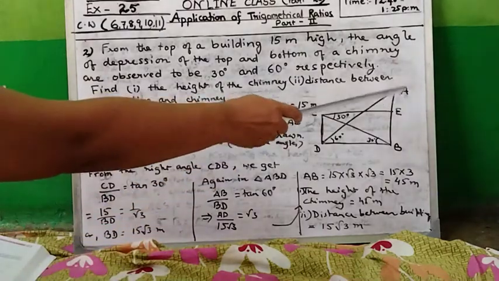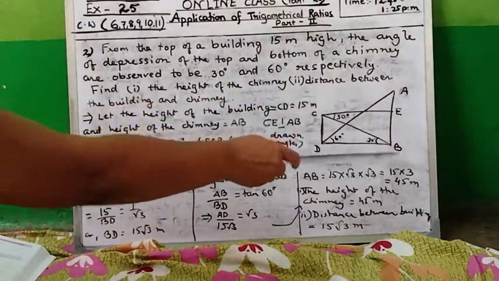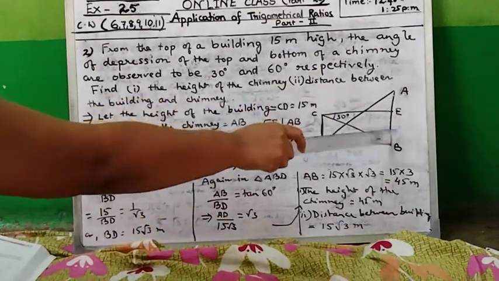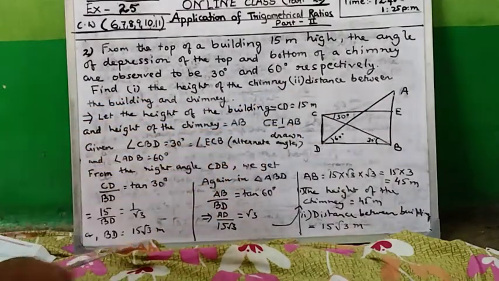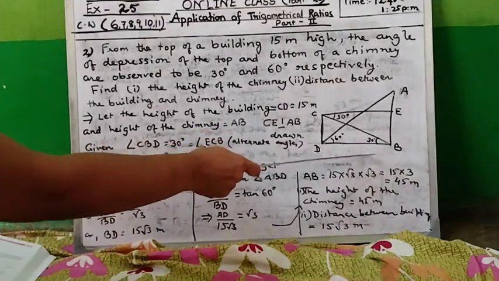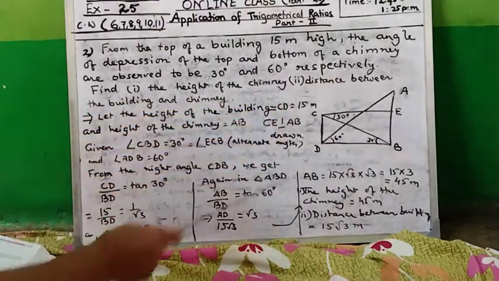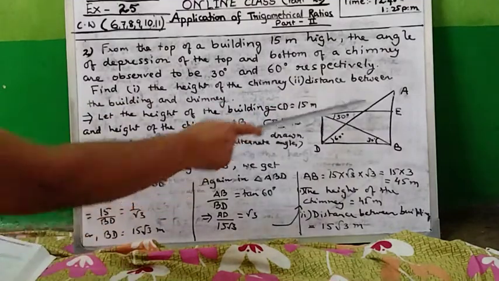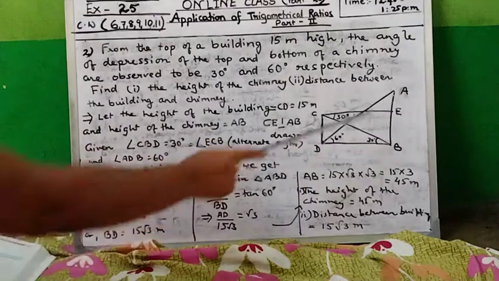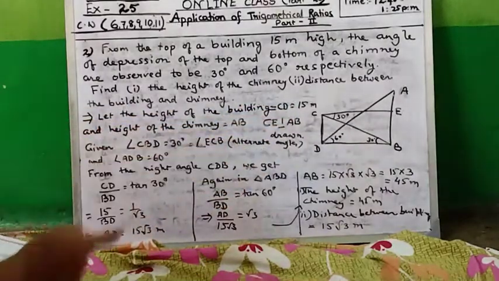Again in triangle ABD, this big triangle, now again we have to find the perpendicular and the base. By this time we know the base. Base is 15 root 3 meter. Then what is perpendicular AB? So in here the theta is 60 degree. In the previous triangle theta was 30 degree, in this triangle theta is 60 degree.